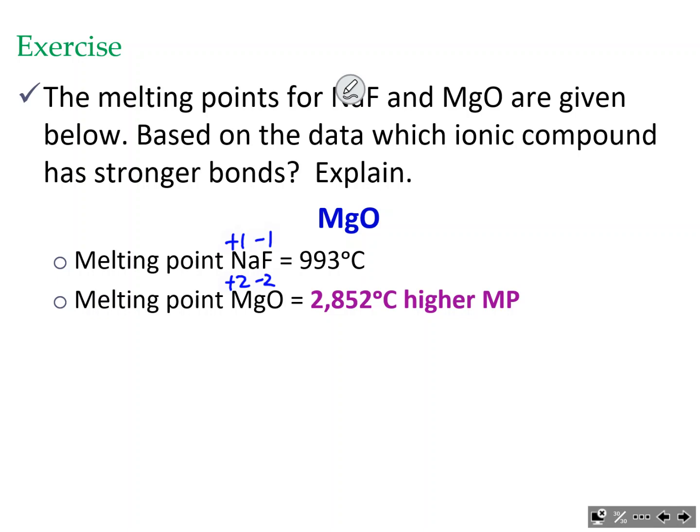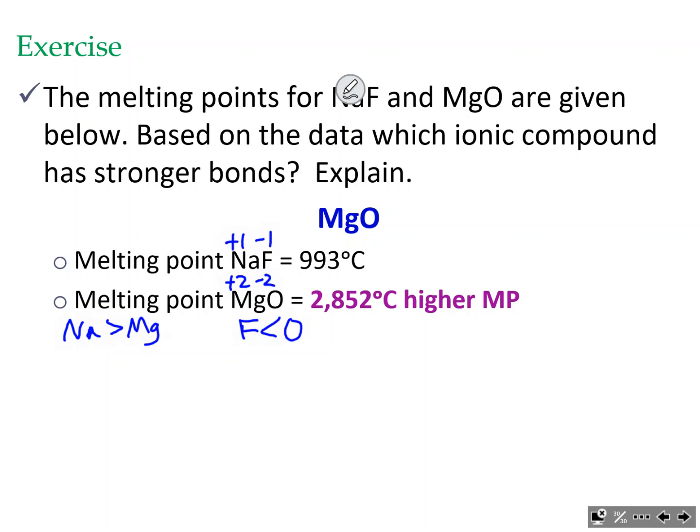Looking at the periodic table, sodium and magnesium are right next to each other. Sodium is a little bit larger than magnesium, not by much. And then we have fluorine and oxygen, so fluorine is smaller than oxygen. So the sodium, which is slightly larger, is with the smaller fluorine.